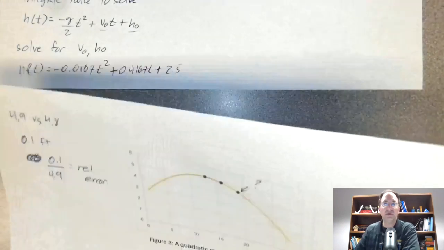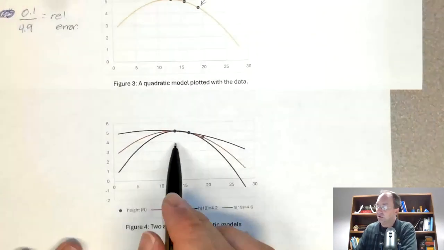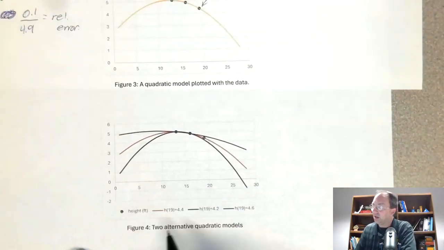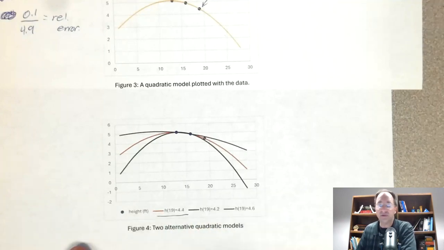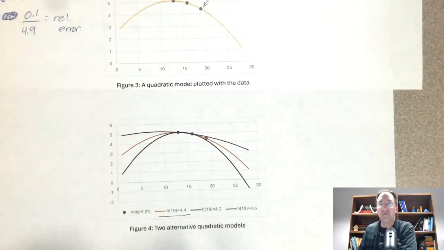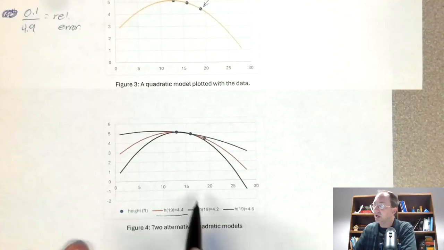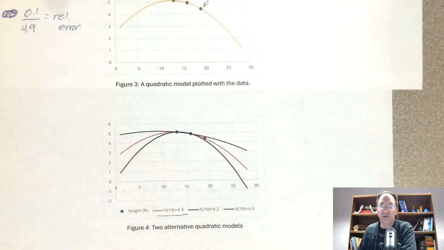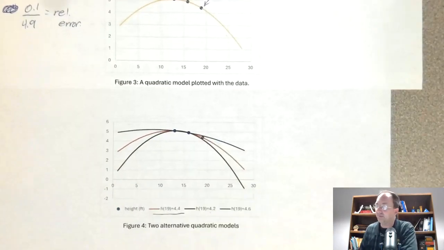And so we come up with two alternative quadratic models. And that's what these graphs here show. So we're given the so-called true value is 4.4, but since we have a measurement error of 0.2 feet, what if we pick 4.2 or 4.6 as alternatives? Notice how much the quadratic would change based on that one value being different.